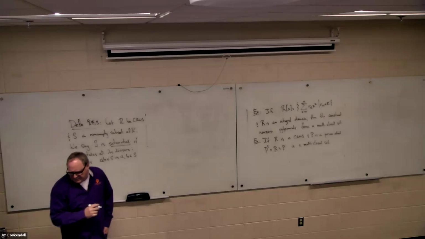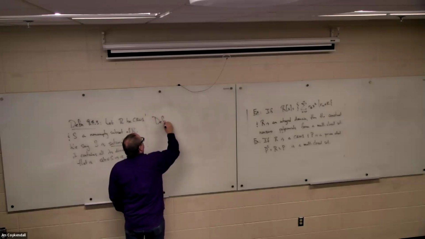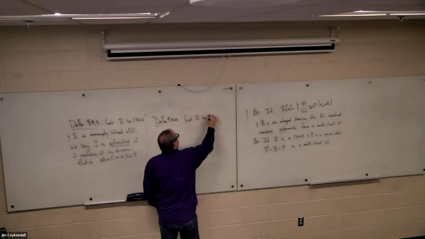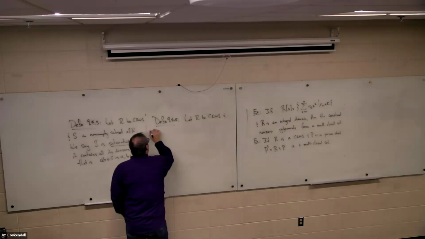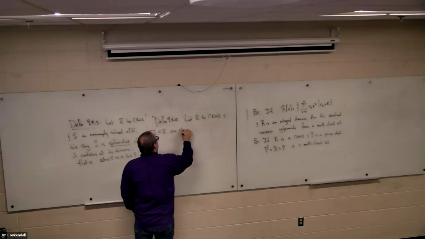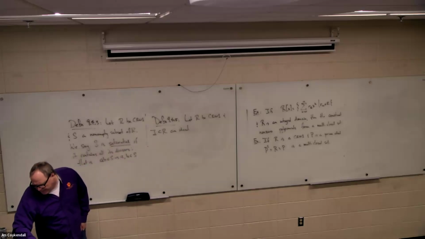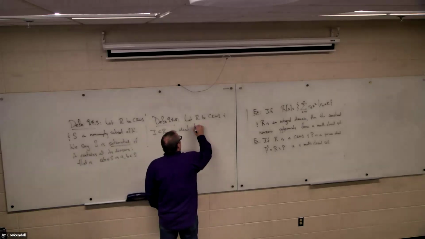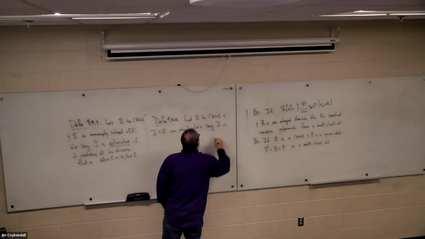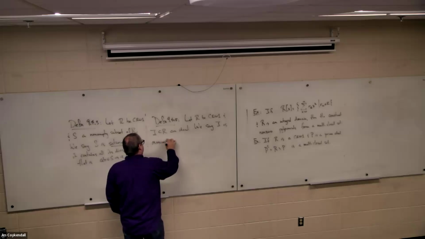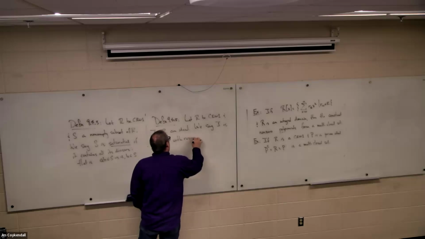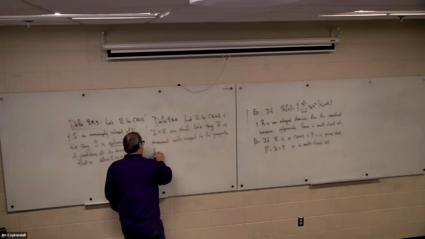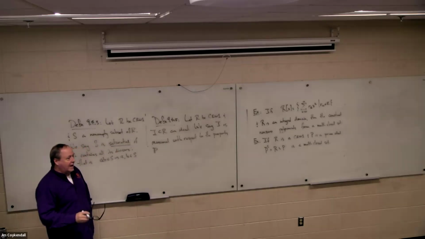We say that an ideal I of R is maximal with respect to the property P. And P could be some property you might want your ideal to have or not have.